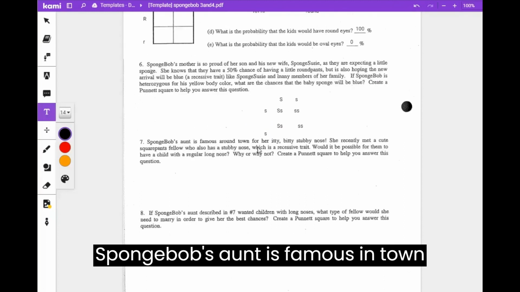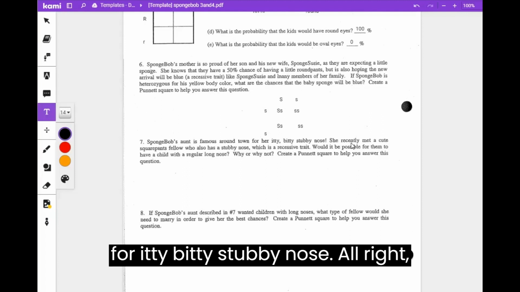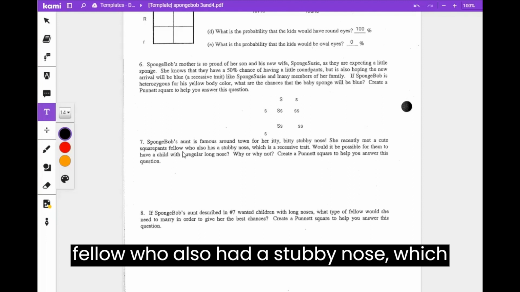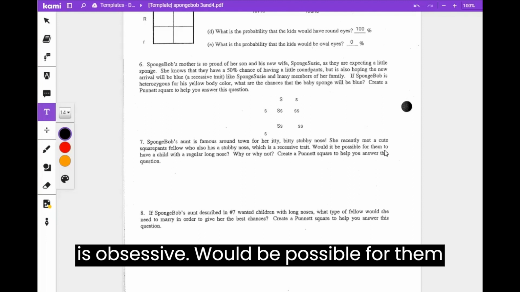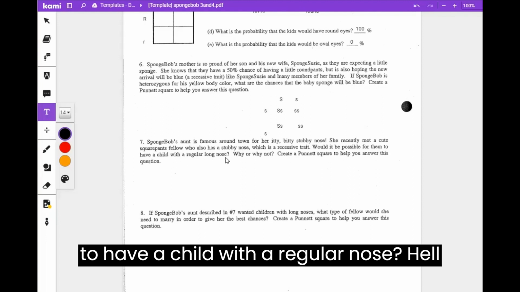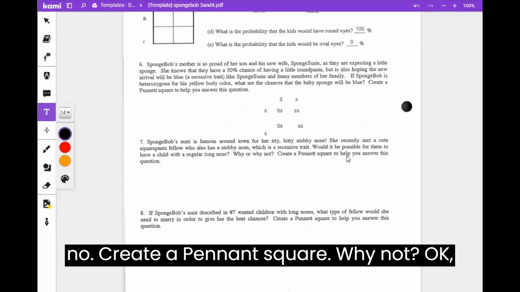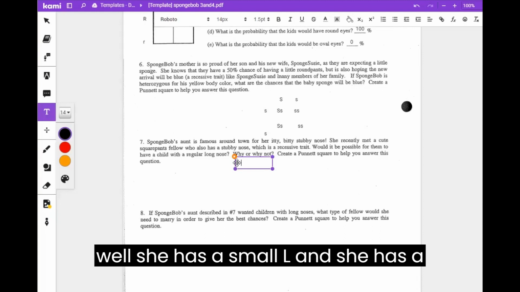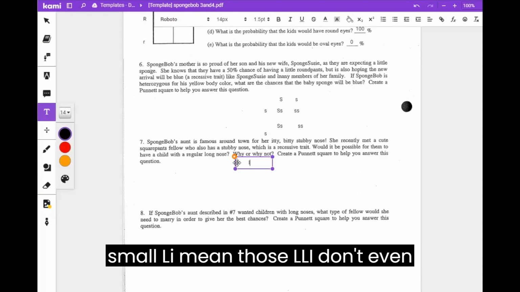SpongeBob's aunt is famous in town for her itty bitty stubby nose. All right, she recently met a cute SquarePants fellow who also had a stubby nose, which is recessive. Would it be possible for them to have a child with a regular nose? Heck no. Create a Punnett square. Why not? Okay, fine. Well, she has a small L, and he has a small L. I mean, those L's, I don't even like using that.